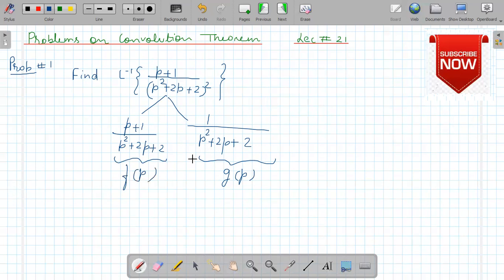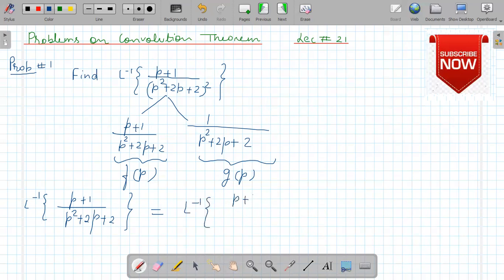So let me first take the Laplace inverse of these two to get the value of ft and gt. The Laplace inverse of (p plus 1) over (p square plus 2p plus 2) is obtained by using the first shifting theorem. We make it a perfect square.